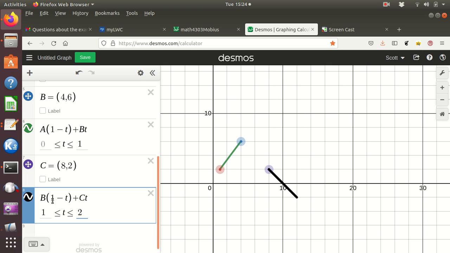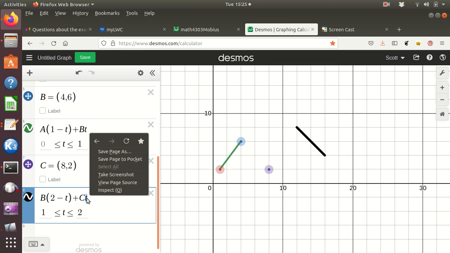Well, actually that's pretty easy to take care of. I just need this to go from, it used to go from 0 to 1, or well, actually if t was 0 it went from 1 to 0. So now notice if I make that a 2, then when t is 1 it starts as 1, and when t is 2 it goes to 0. And then here my problem is this used to go from 0 to 1.